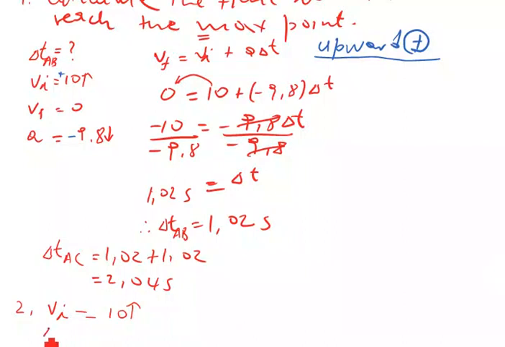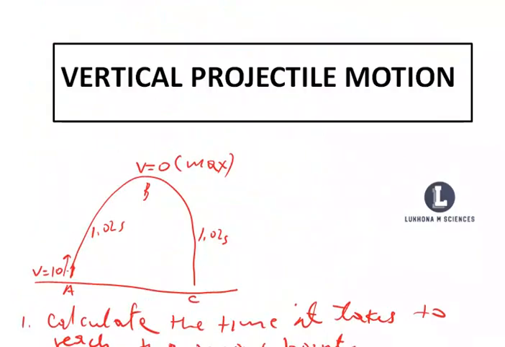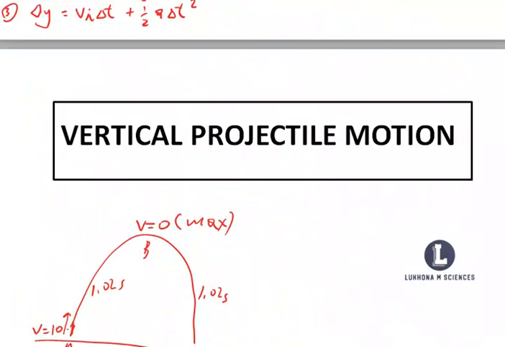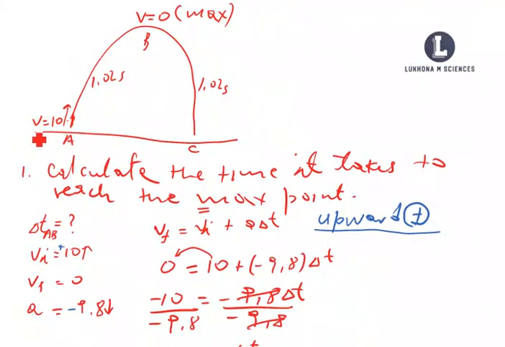Remember, now we are looking for time from A to C, which means the initial velocity is the velocity at A, then the final velocity, the velocity at C. Okay, let's go back to the diagram. Since it is moving at 10 meters per second here upwards, when it reaches the same point, the velocity here will also be 10 meters per second but downwards.